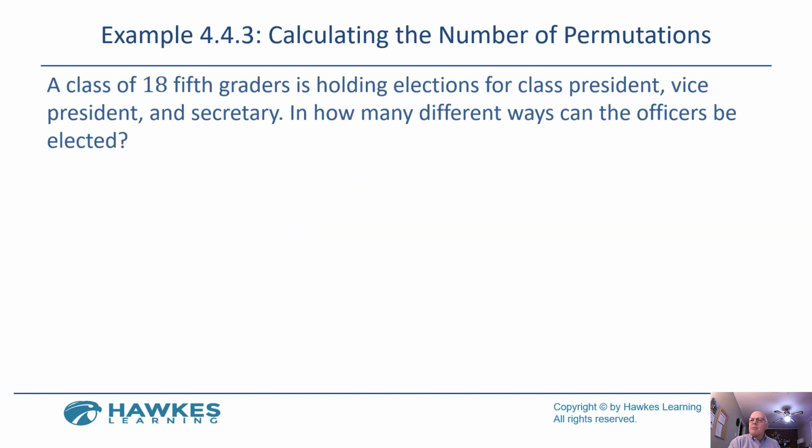We've got another example coming up here. We've got 18 fifth graders, and we want to get a class president, a vice president, and a secretary. We need 3 offices. That's all we need. And does it matter? Yes.